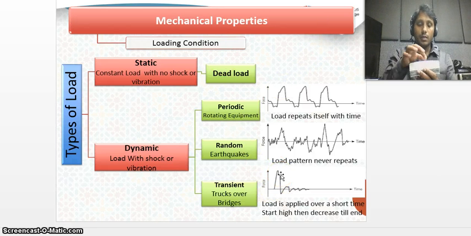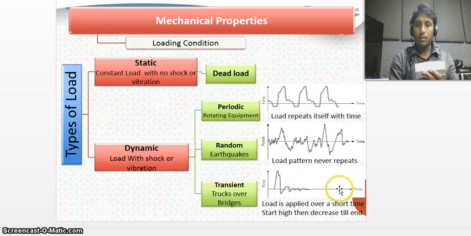Once it moves from this place, the load here comes to null. The load is transferred. If there is any movement in load, if load creates any vibrations or shocks, that load can be defined as dynamic load.